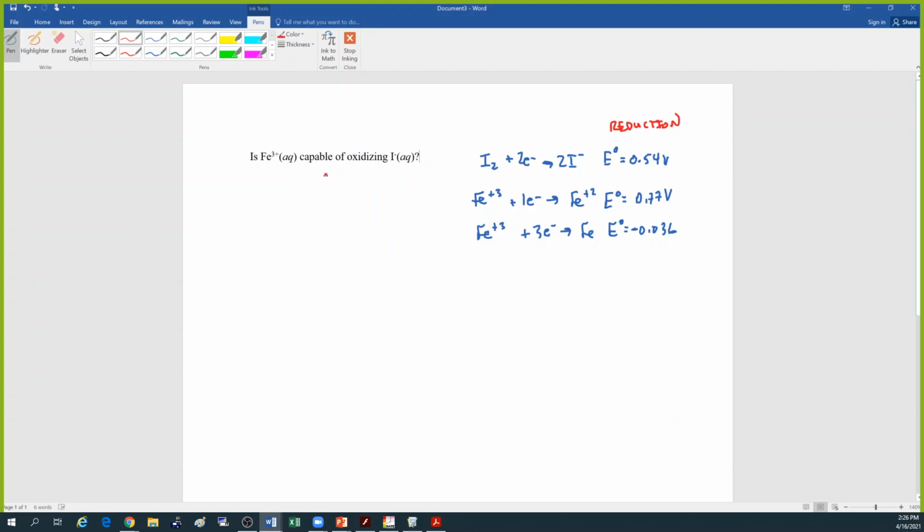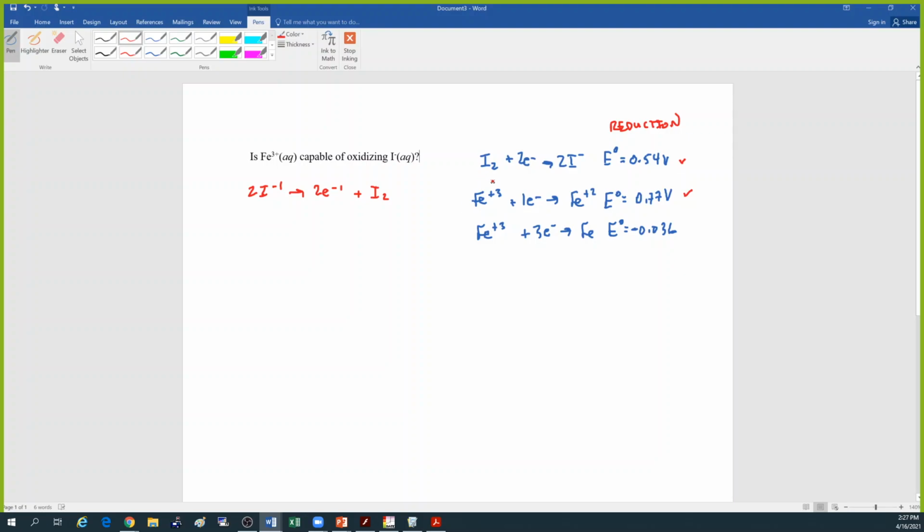In other words, we want this to happen. We want the iodide ions to lose the electrons, right? That's oxidation, isn't it? So right now, if you compared this one and this one, this iron has the higher reduction potential, right? So this one wants to be reduced more than iodine does.